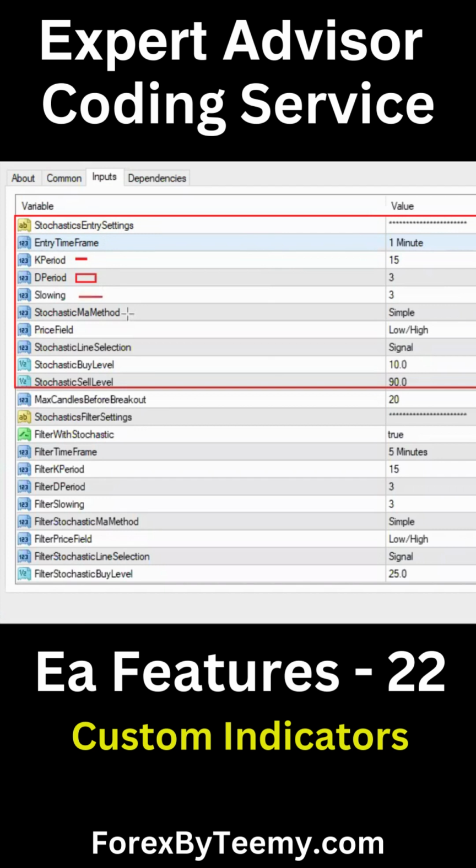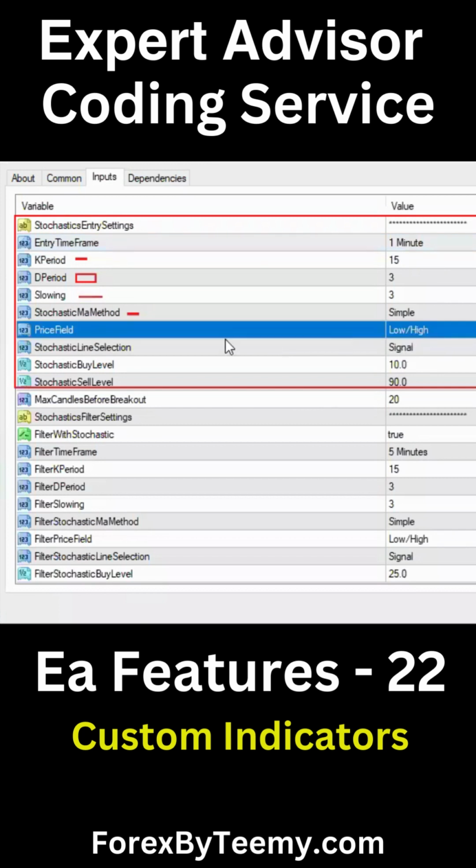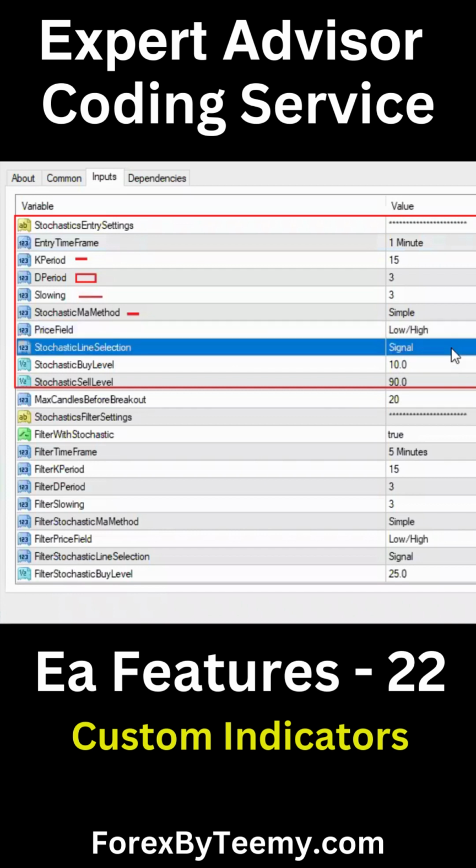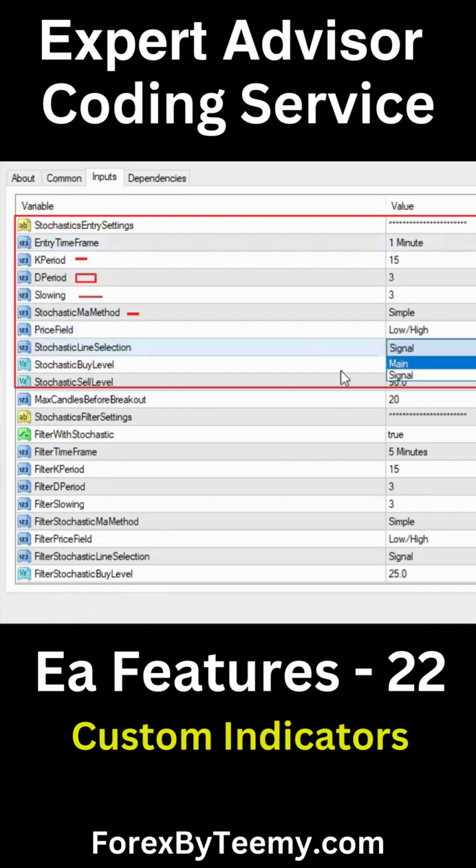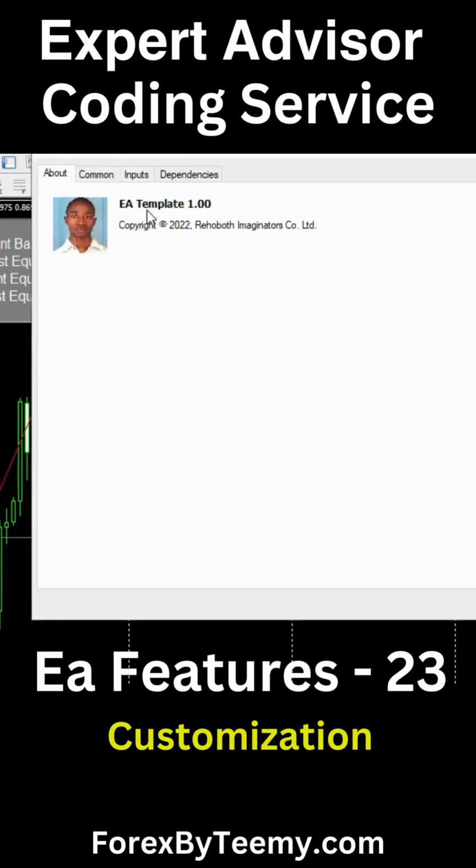And the stochastic MA method, which could be various types, and then the price field, the same way it is in the indicator itself. This line is either the main line or the signal line, and the stochastic level depends on whatever pattern the EA will be used for, apart from your own personal details, as anyone would want.